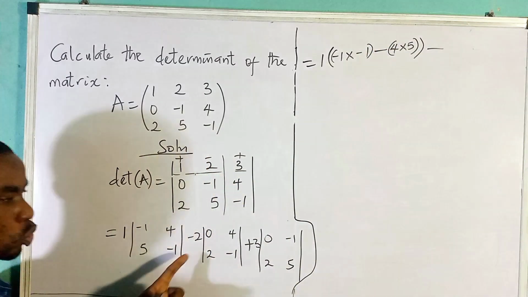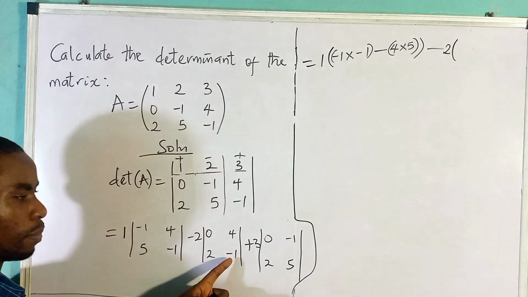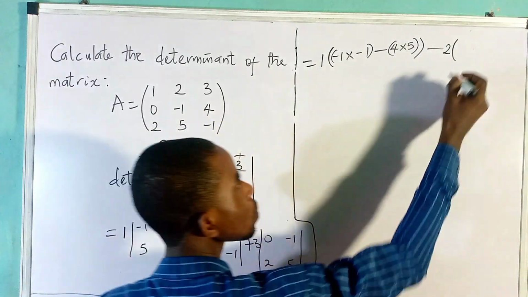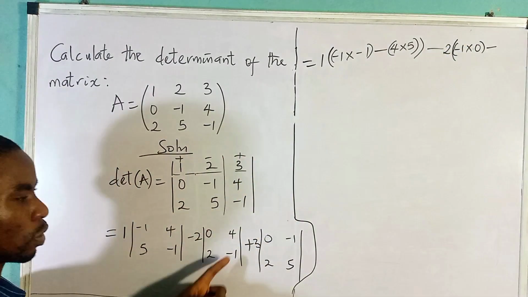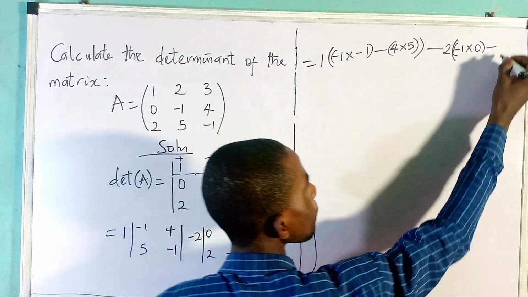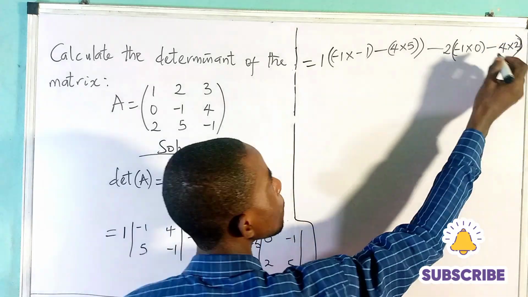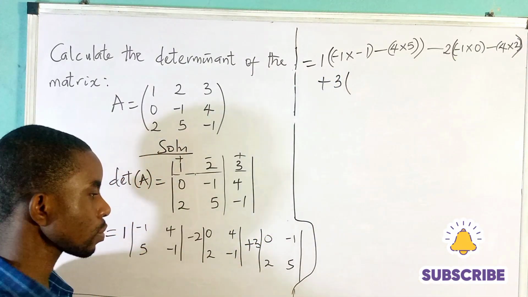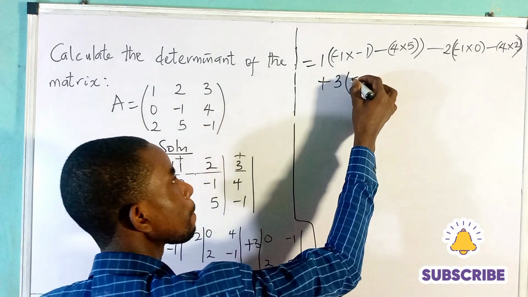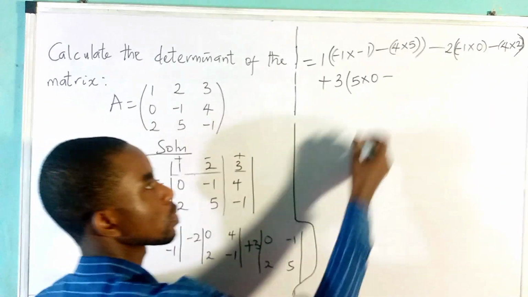This is minus 2 into minus 1 times 0 minus 4 times 2. Plus 3, 5 times 0 minus 2 times minus 1.